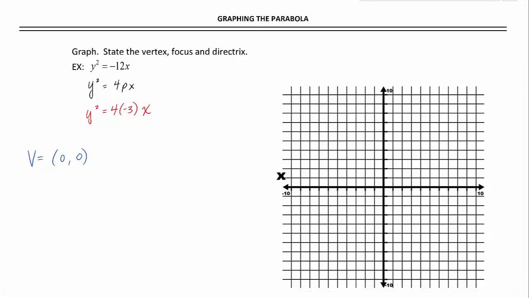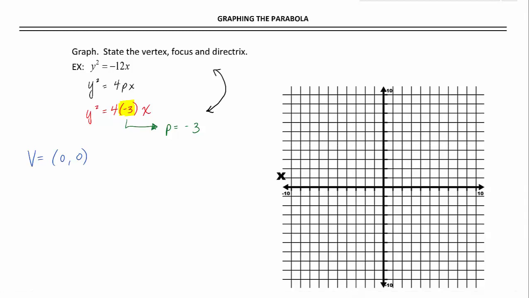So this tells us that our p-value is negative 3. Since our p-value is negative and the y is the variable being squared, that tells us that our parabola is going to be opening to the left.